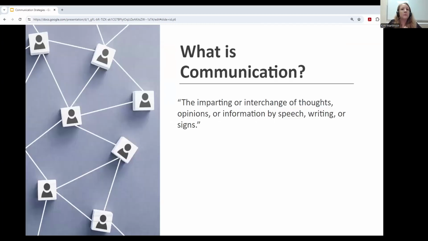So what is communication? Communication is the imparting and interchanging of thoughts, opinions, or information by which we speak, write, or sign. It's also defined as a means of sending messages, which includes the telephone, text messages, radio, television.